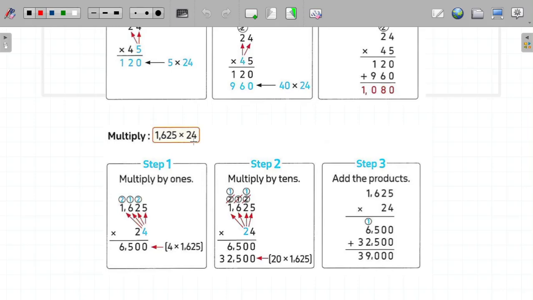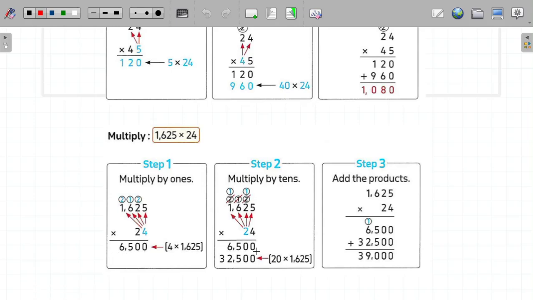And if I have an operation like this, I have 1625 times 24. I will write the big number first, 1625, and after that I will write the second number, 24. So I will multiply 1625 by 4 first. It will give me 6500.